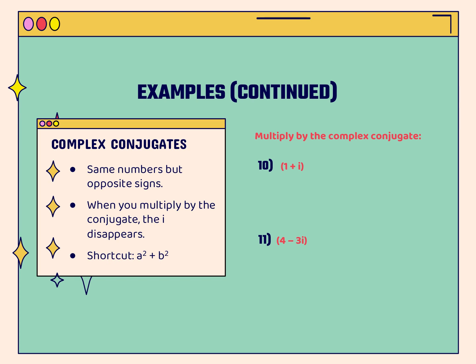The reason why we do this is to make the i disappear. So when you multiply by the conjugate, the i will disappear. So just like with square roots, we can never leave a square root or a radical in the bottom of a fraction. We can never leave an i in the bottom of a fraction.